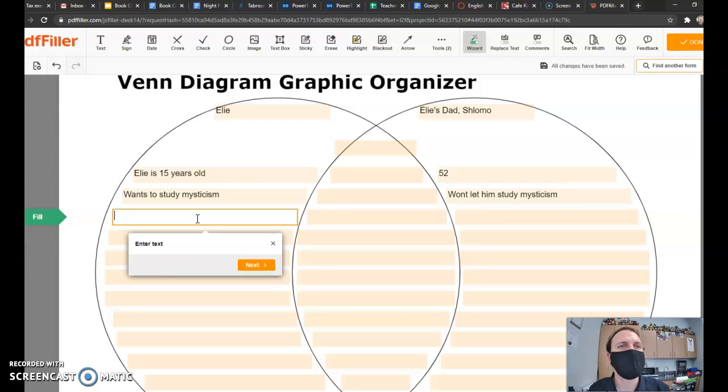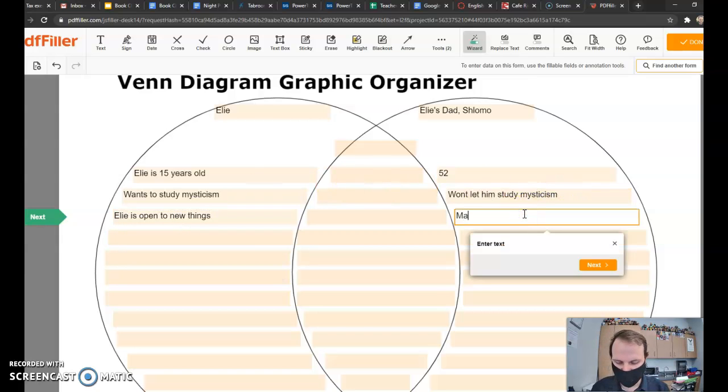What does that say about their psychology, that Ellie wants to study it and his dad doesn't want to? Ellie is open to new things. His father may be more traditional, right?